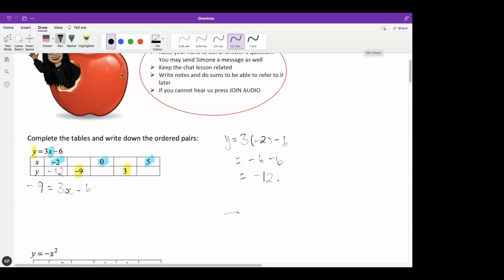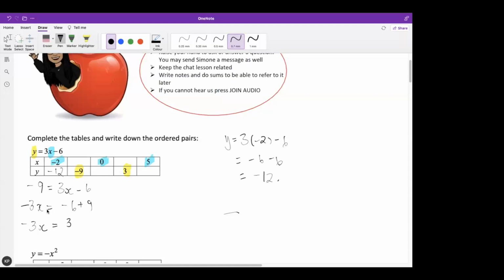And then we are going to say 3x is equal to -6 plus 9. Okay, so you're saying 3x. Do you say -3x or just 3x? -3x. There we go. Equals -6 plus 9. Okay. What's -6 plus 9? -6 plus 9 is equal to 3.